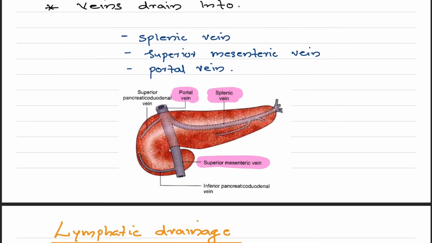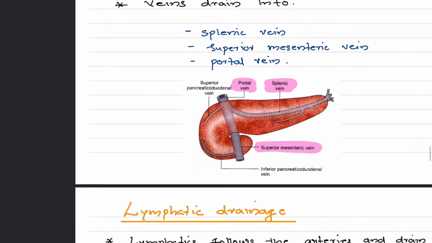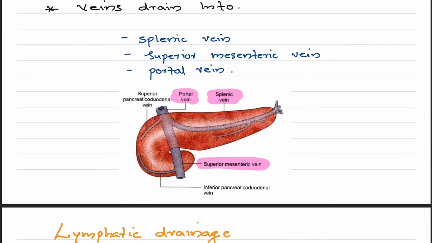See, the superior mesenteric vein combines with the splenic vein and forms the portal vein. The portal vein is formed at the neck of the pancreas. So the venous blood is drained into these three veins: splenic vein, superior mesenteric vein and portal vein.